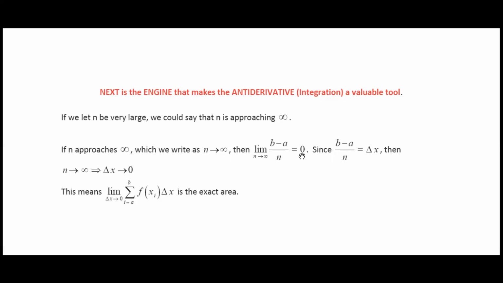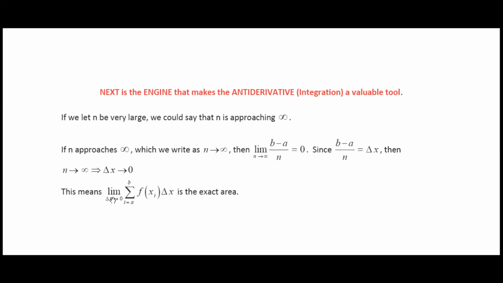But we said earlier that b minus a over n could also be written as delta x. So the limit of f of x delta x as delta x approaches 0 is another way of saying, let's pick an infinite number of rectangles. In other words, when delta x goes to 0, that says you're picking an infinite number of rectangles.